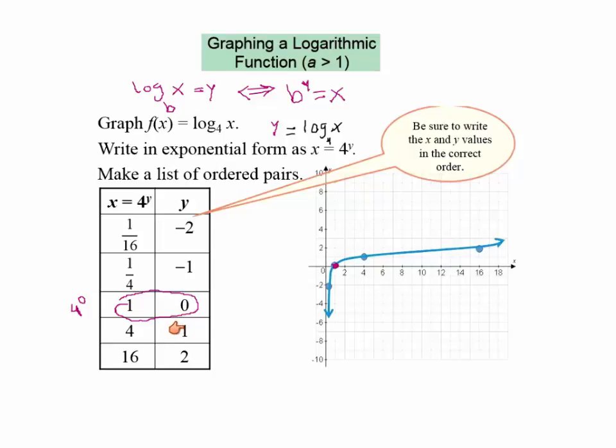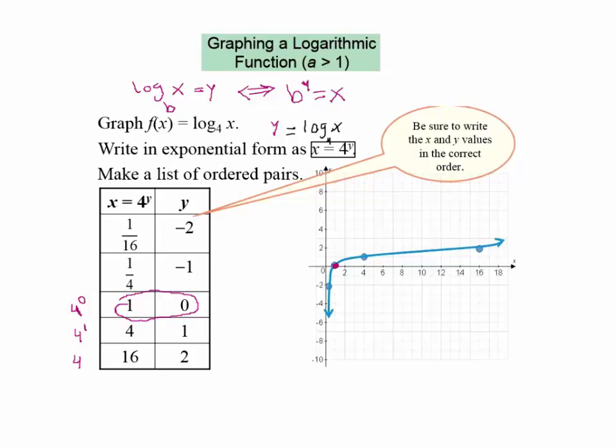As I increase the value of y, if I let y be equal to 1, the value of x increases. Because if y is equal to 1, x would be equal to 4 to the power of 1, which is 4.